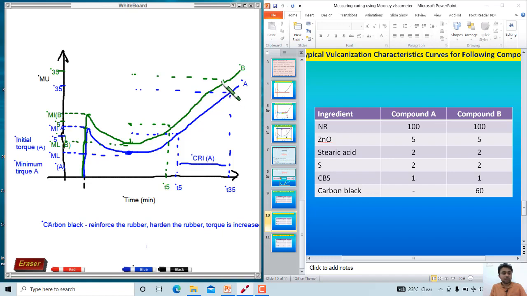Then maybe from here to here 5 units, and we take this much, right? Have to come to here T35. Okay, this is the CRI of compound B.